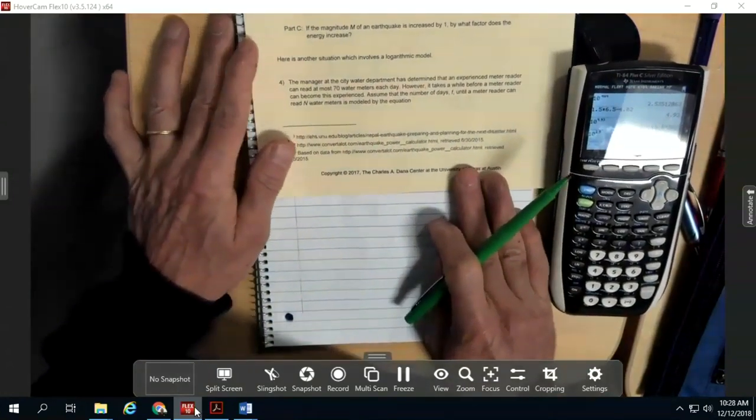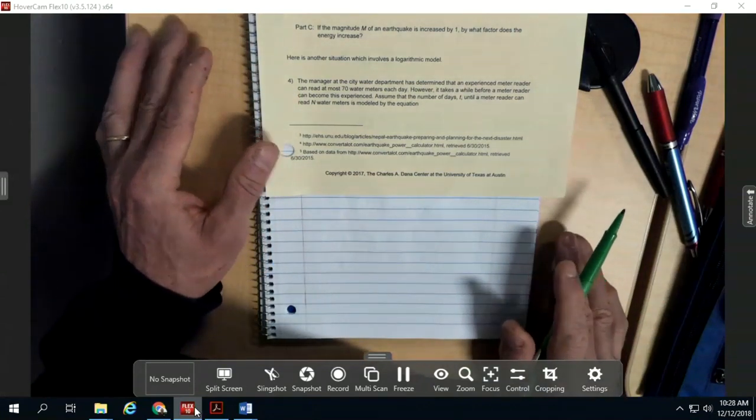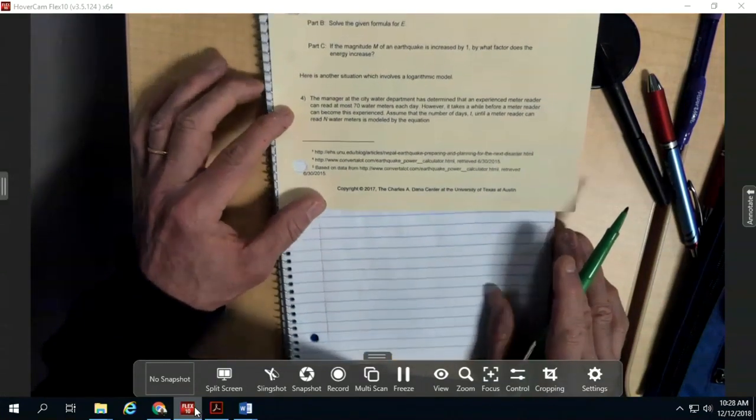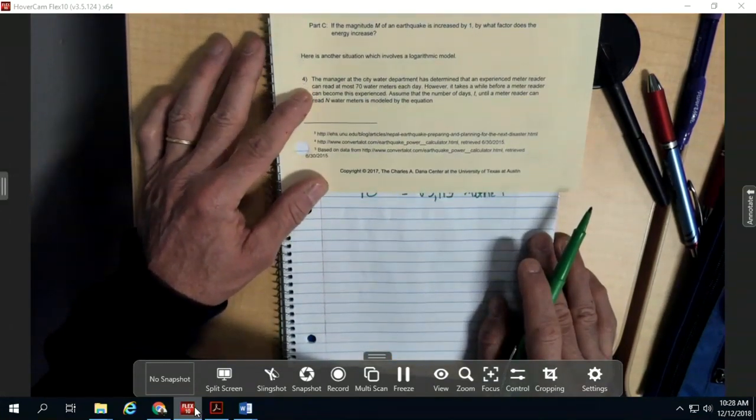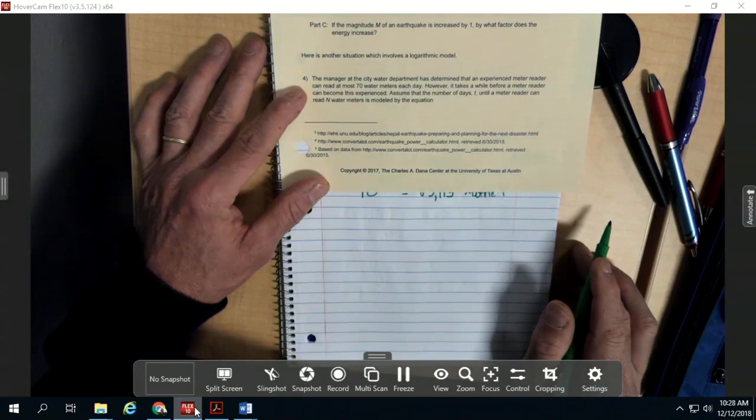Here's another situation which involves a logarithmic model. The manager of the city water department has determined that an experienced meter reader can read at most 70 meters each day. However, it takes a while before the meter reader can become this experienced.